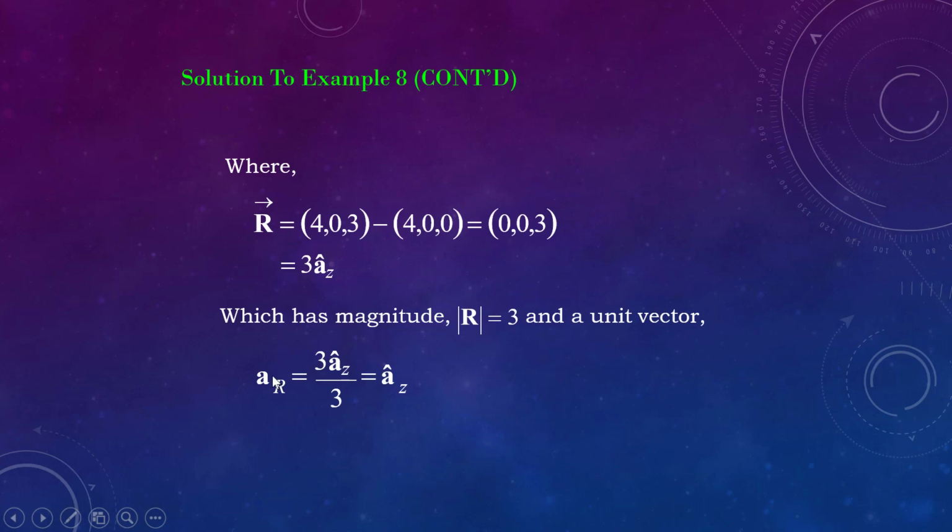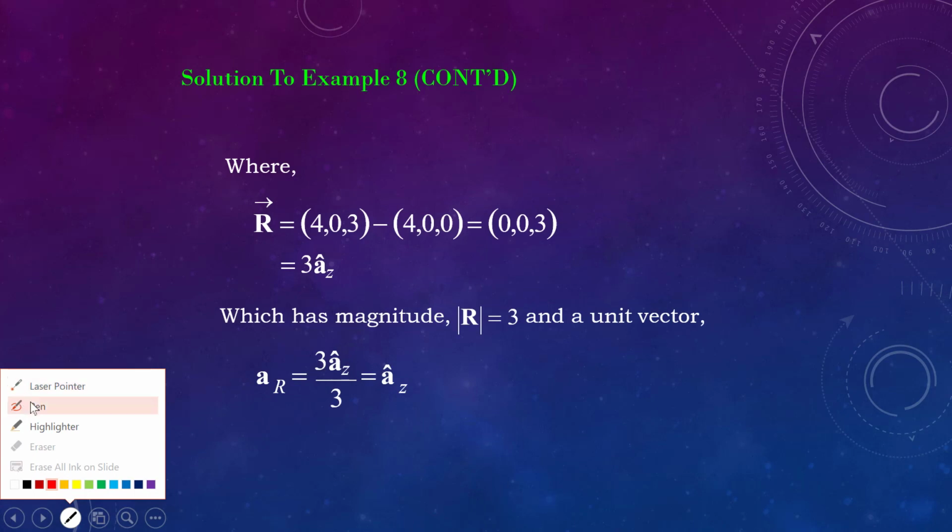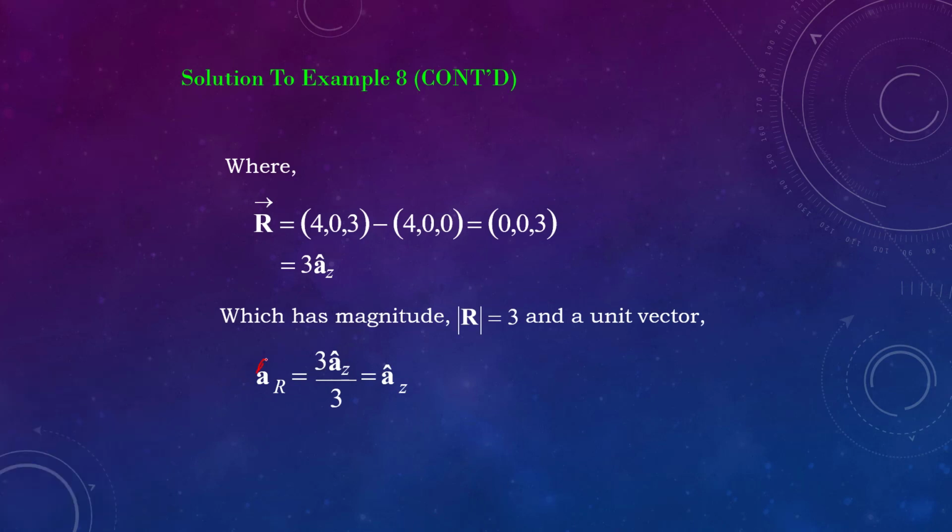Its unit vector ar cap is r bar divided by magnitude of r bar, so 3 az cap divided by 3 is just az cap.